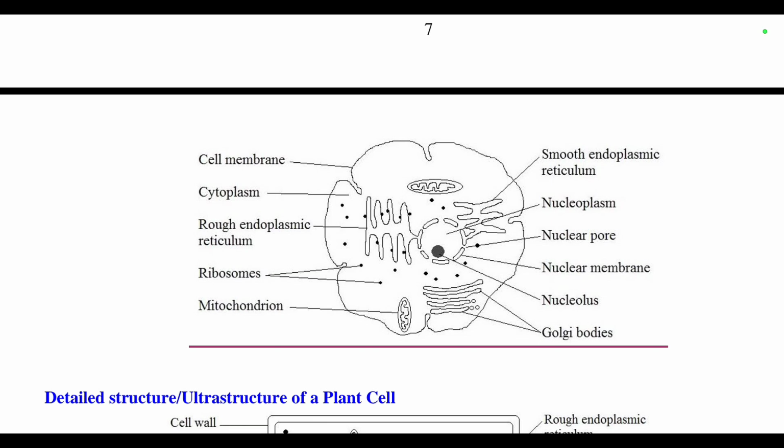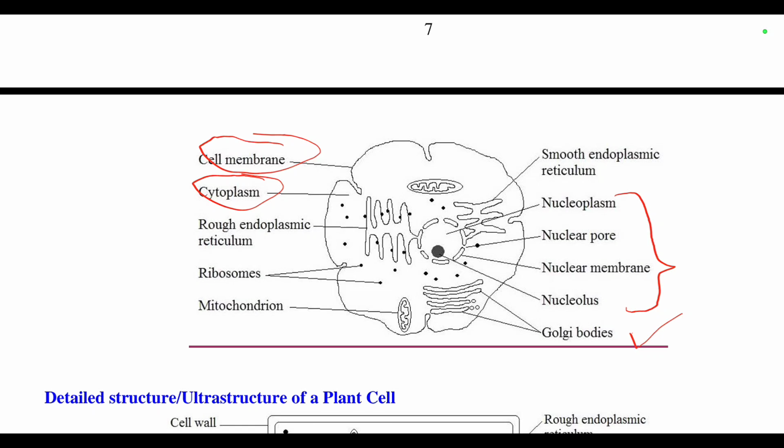You see, it has those basic structures: cell membrane, cytoplasm, and the nucleus. Now, where is the nucleus? A nucleus is a combination of these: nucleoplasm, nuclear pore, nuclear membrane, nucleolus. They make what is known as a nucleus. You also have Golgi bodies or Golgi apparatus.